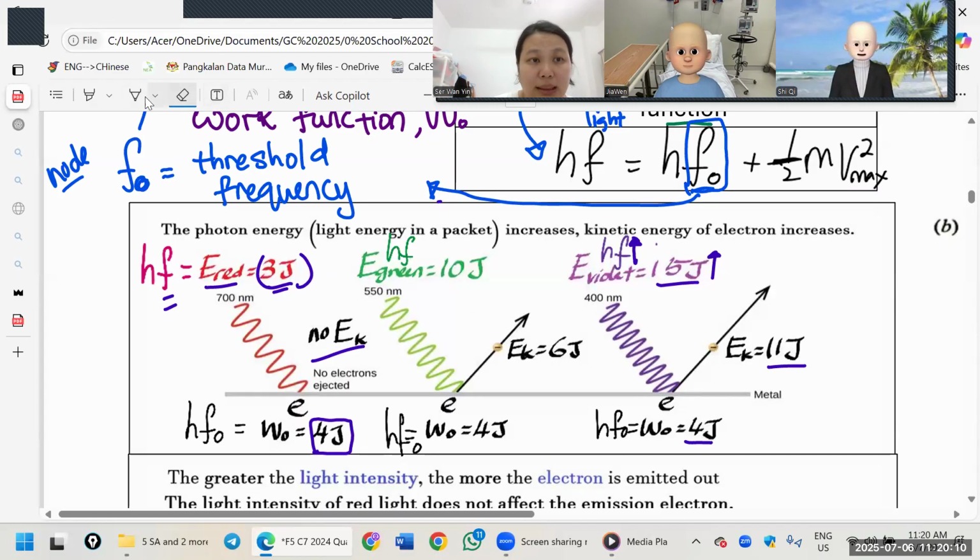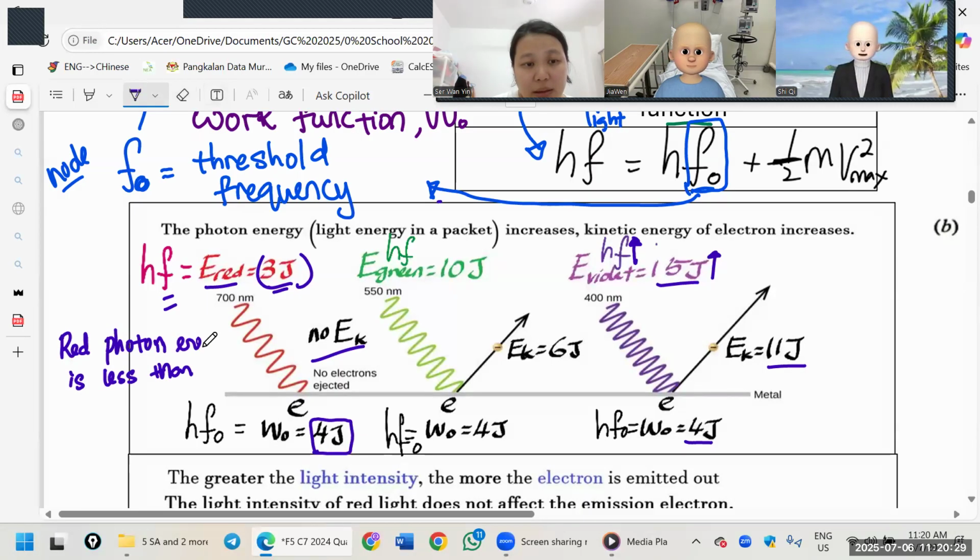We can say that because the red photon energy is less than W naught.